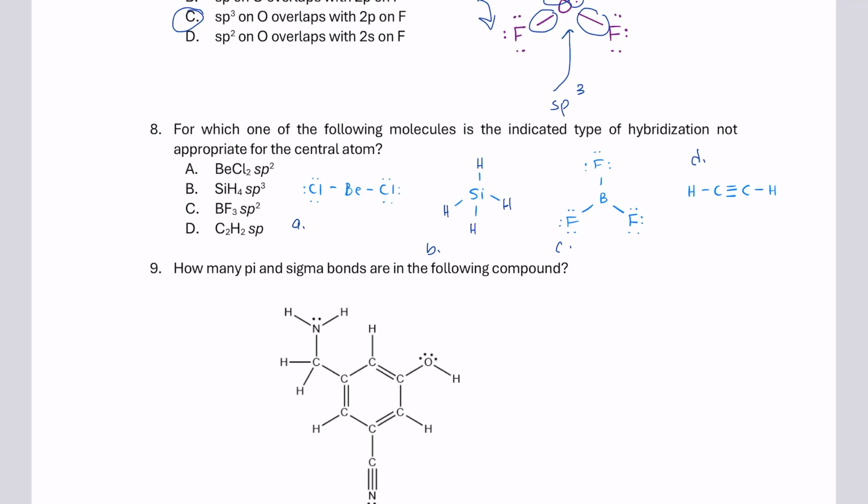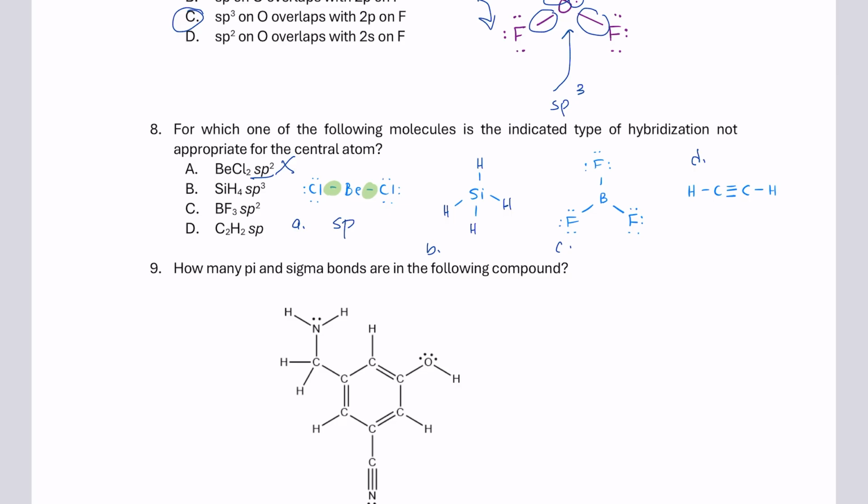Now, A says beryllium chloride is sp2. When we draw beryllium chloride, we see that beryllium has 2 regions of electron density around it. That means it's going to be sp hybridized, not sp2.